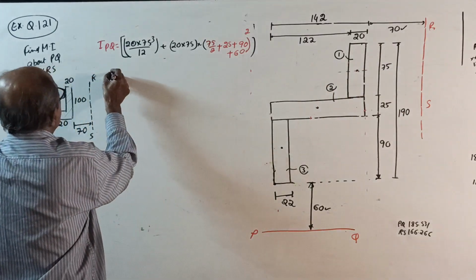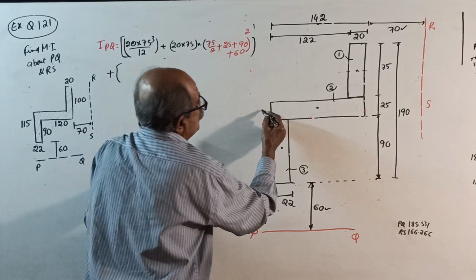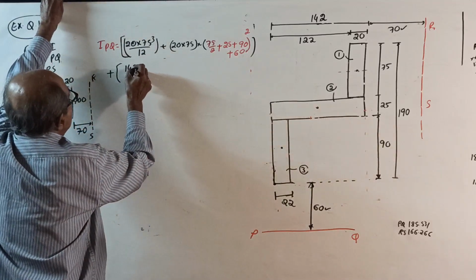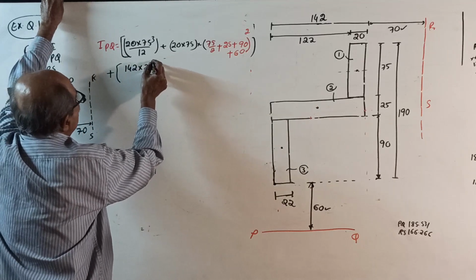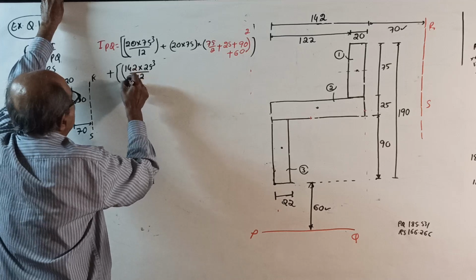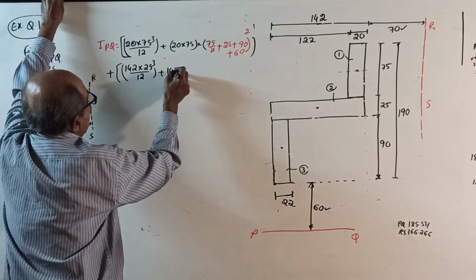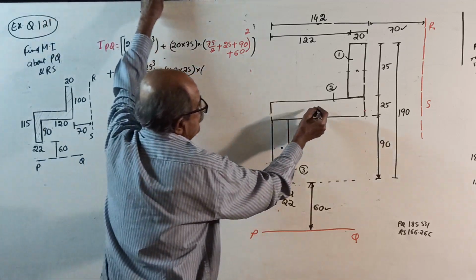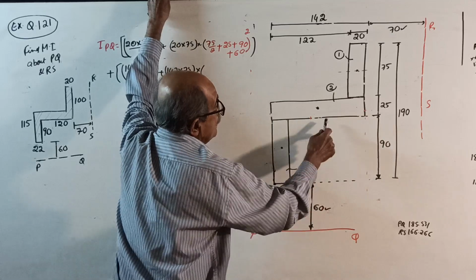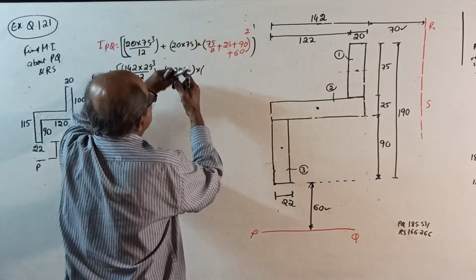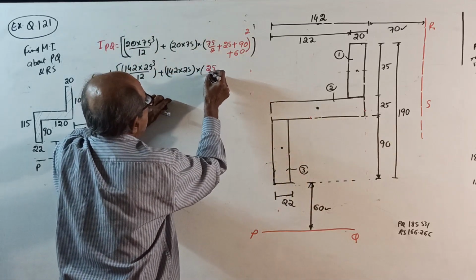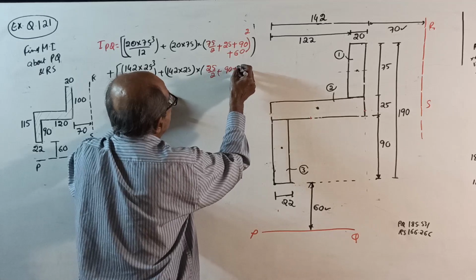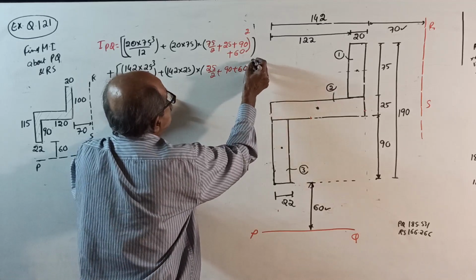Plus second one. I about own axis: 142 into 25 cube by 12, plus area 142 into 25, into the distance from this centroid to this one, 25 by 2 plus 90 plus 60, whole square.